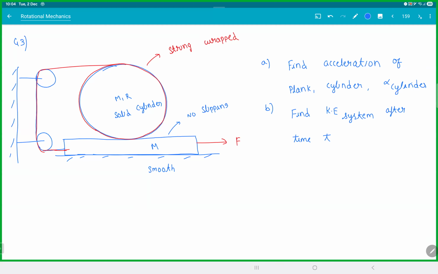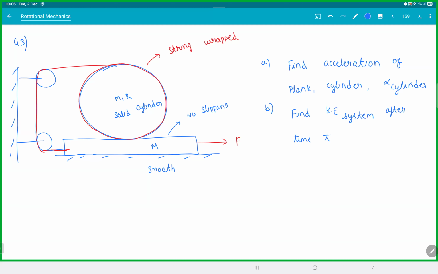Take a minute, get your FBD right properly. What is the acceleration of the cylinder?